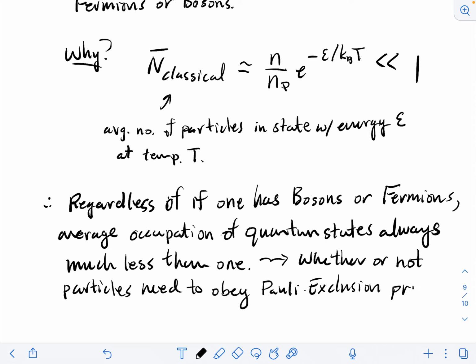Let's say it becomes irrelevant. And so that's why, for classical gases, we never had to worry about whether we had fermions or bosons.